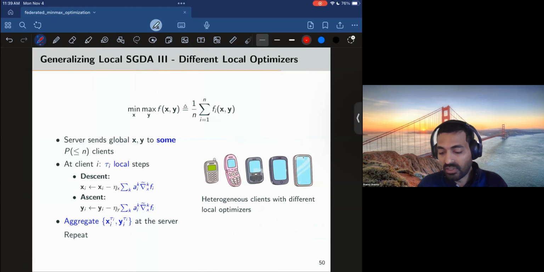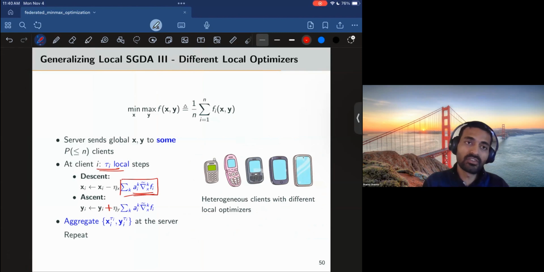So we allow different clients to carry out different number of local steps, and we also allow them to carry out different kinds of local steps. So here, as long as they satisfy this kind of structure, that every local step is an aggregation of local stochastic gradients you have computed in the past.